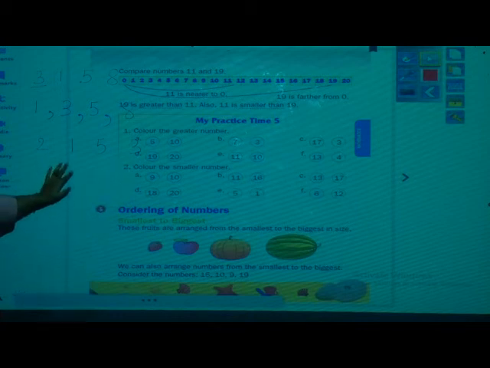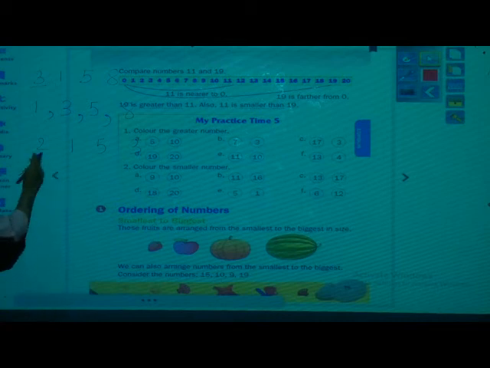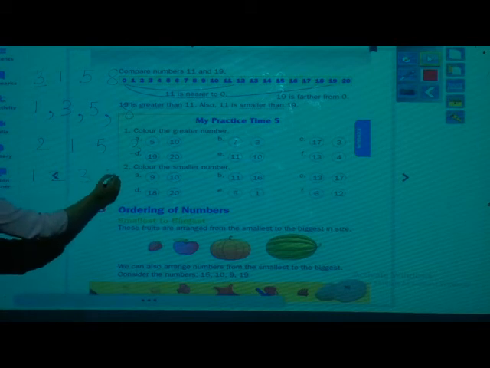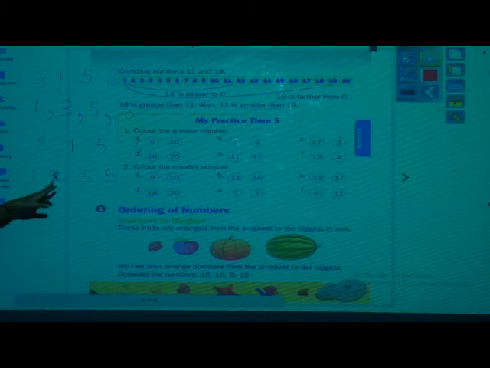Come on. Let us arrange them in correct order. 1, 2, 3 and 5. Understood? 1, 2, 3 and 5. Now it is arranged in correct order.